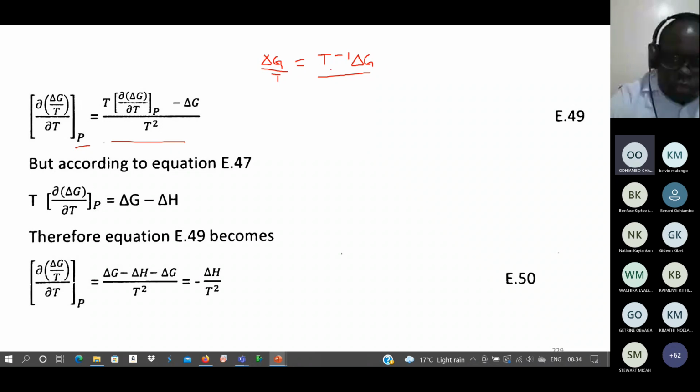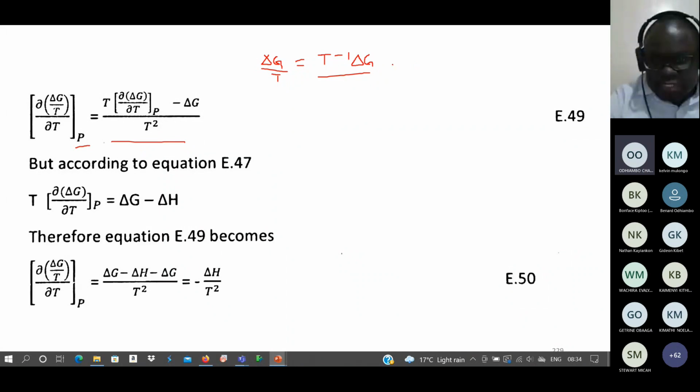Of course, when you have two variables, first of all, you keep one constant and differentiate the other one, and then swap, keep the other constant and differentiate the first one.